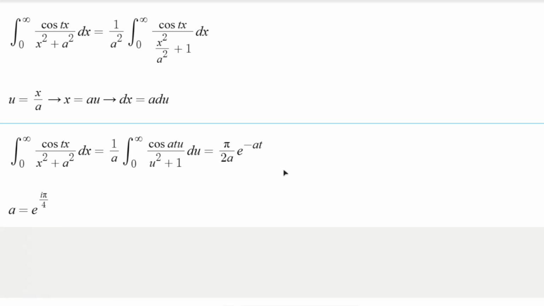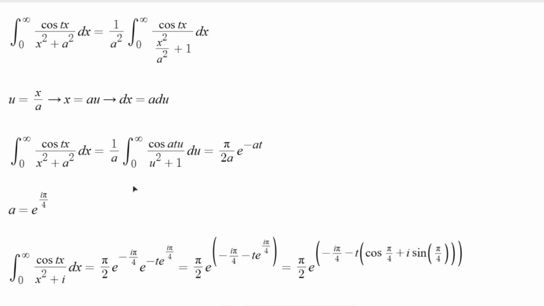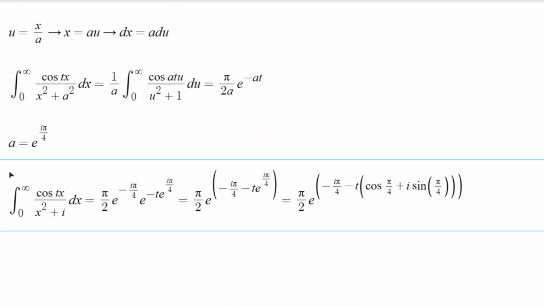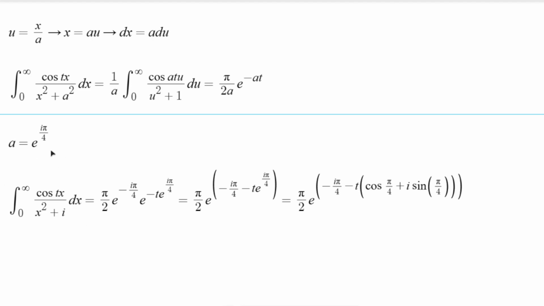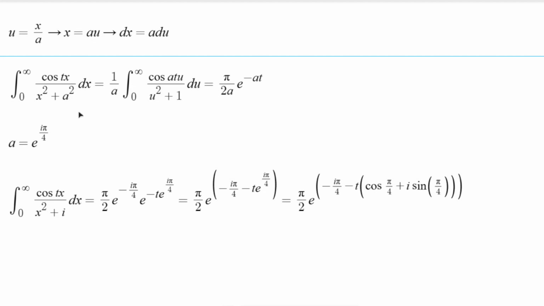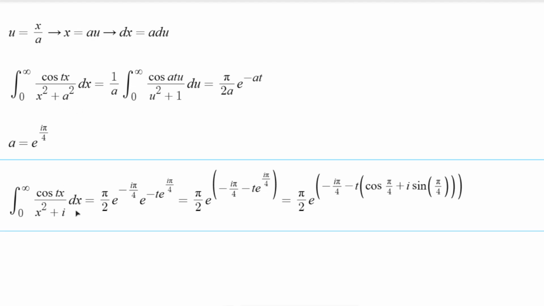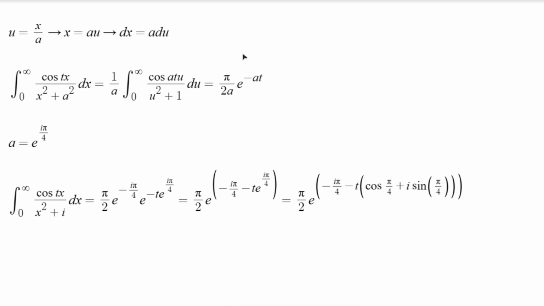Okay. So continuing on, we are going to plug a equals e to the i pi over 4 into this expression right here, giving us this. You can see all I did was plug in a equals e to the i pi over 4 right here, and that's just going to give us i. And then that is going to be equal to this, where a is equal to e to the i pi over 4.